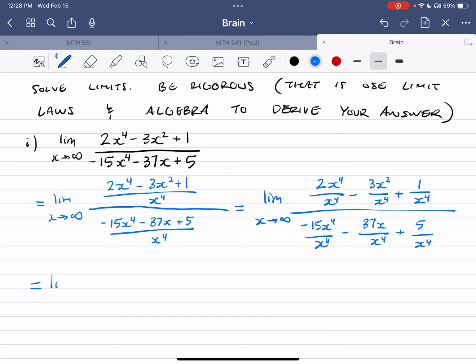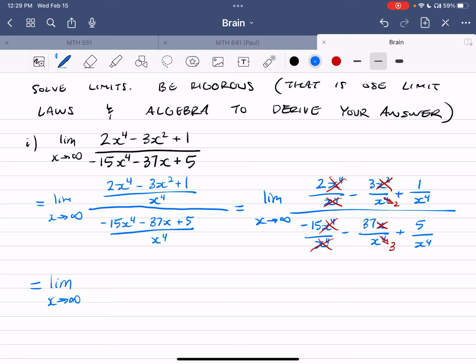Now I can make this look even nicer by doing some cancellation. x to the fourth divided by x to the fourth cancels out. And then we have x squared divided by x to the fourth. That'll cancel with the x squareds up here, and this will go into a 2. Down here we have x to the fourth divided by x to the fourth, those cancel. Here we have a single x divided by x to the fourth, that'll cancel down to x cubed.